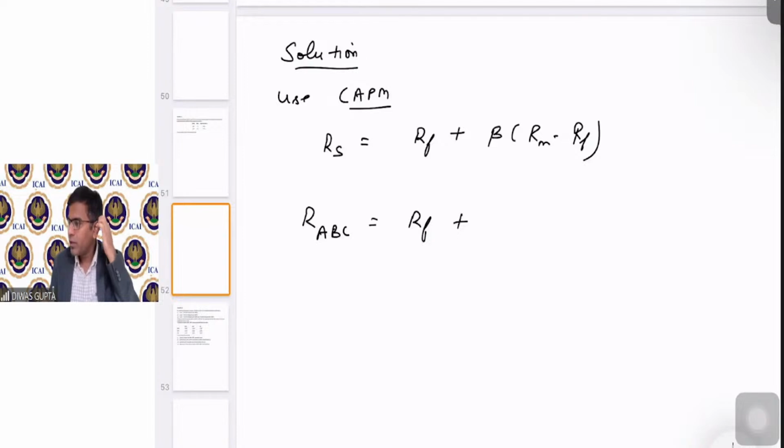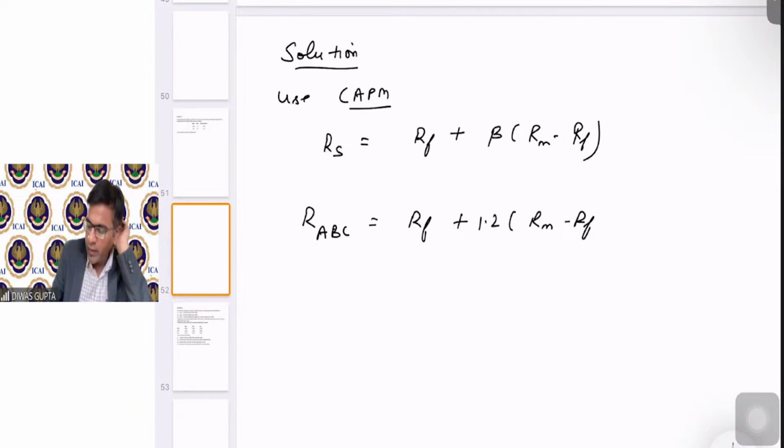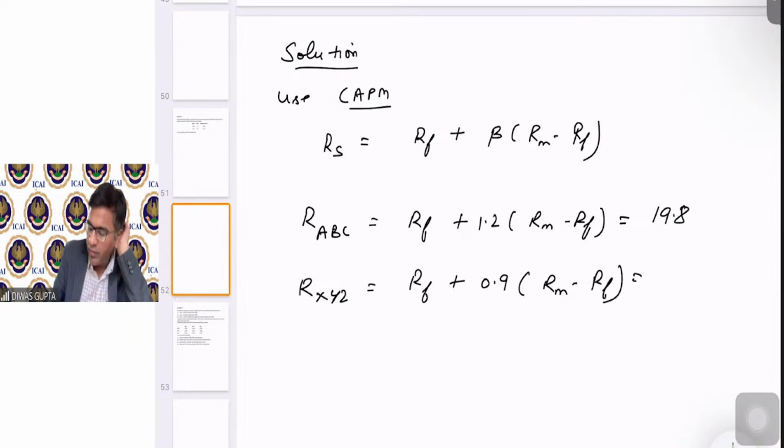The risk-free rate of return is not there. Beta is 1.2. RM minus RF is also not there, but we have the total, 19.8. RXYZ is equal to, again, RF plus beta, which is 0.9, times (RM minus RF), which is equal to 17.1.